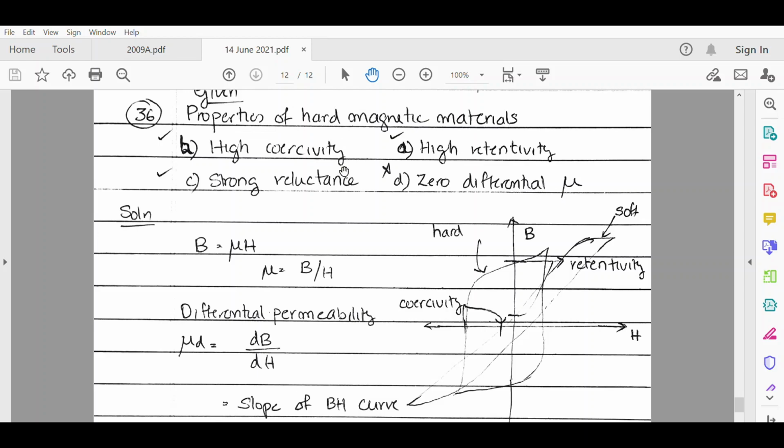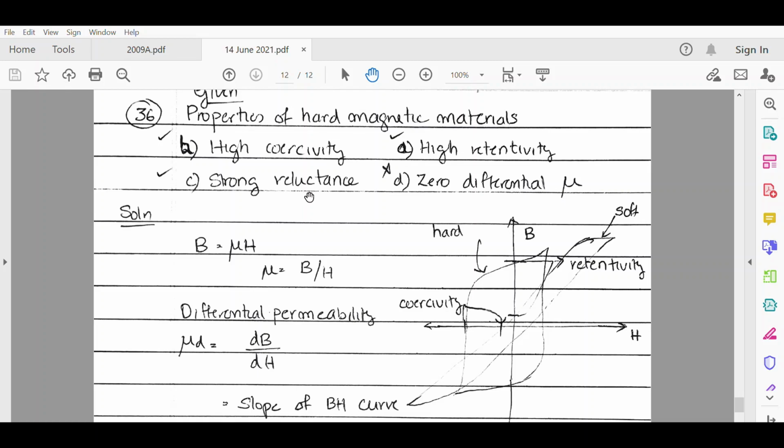And the option C, strong reluctance. Now it is a property of hard magnetic materials to show a higher reluctance than soft magnetic materials. They generally have lower relative permeability compared to soft magnetic materials.